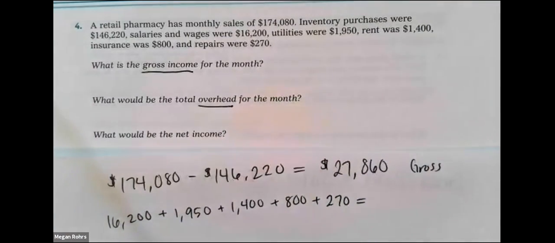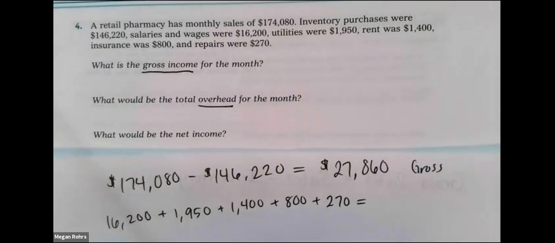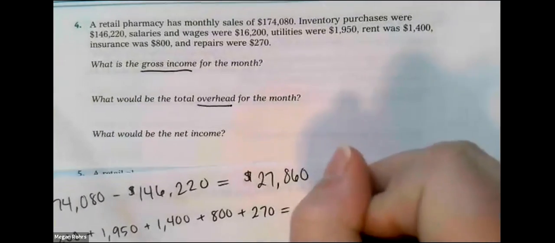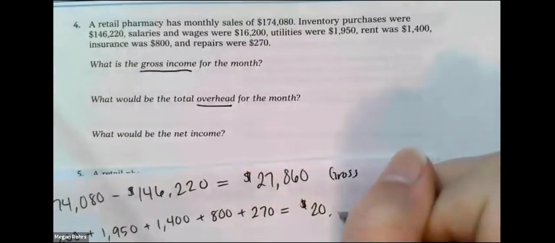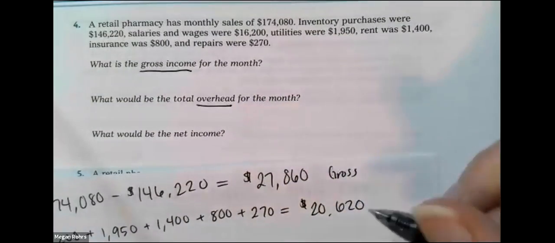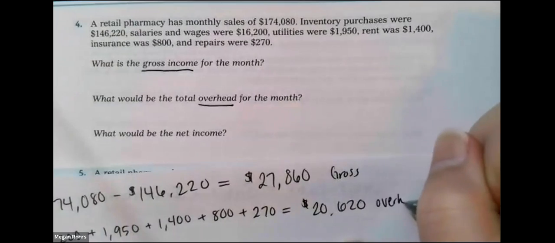So that will leave us with our overhead, 16,200 plus 1,950 plus 1,400 plus 800 plus 270. Leaves me with $20,620, and that is my overhead.